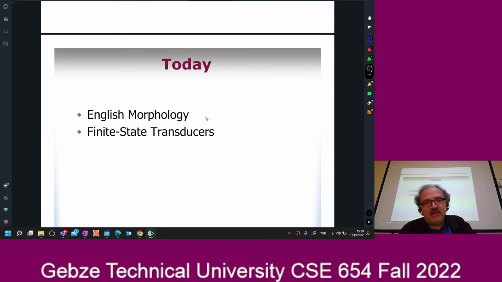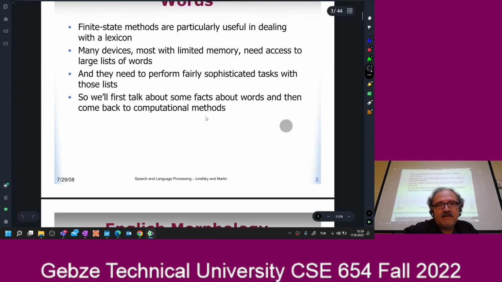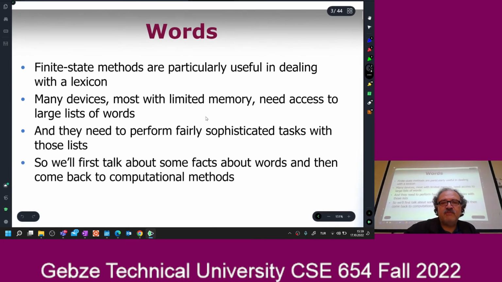We'll talk about English morphology, and of course we will be referring to Turkish morphology a lot too, and we will use finite state machines. The transducers are kind of finite state machines, and morphology means the study of words. They are very useful in dealing with the lexicon, the set of words. Lexicon, that's what it means. Okay.